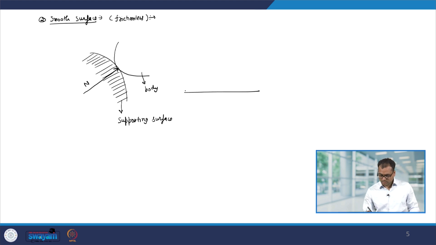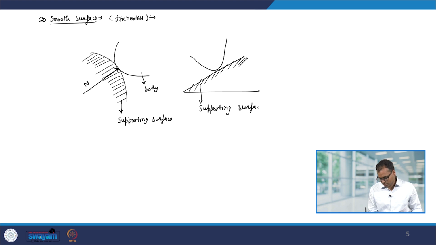Similarly, again let us say there is an inclined plane and on this plane I have some body. So, again this becomes the supporting surface and of course, this is the body. So, as I said, the force will be perpendicular to the surface.